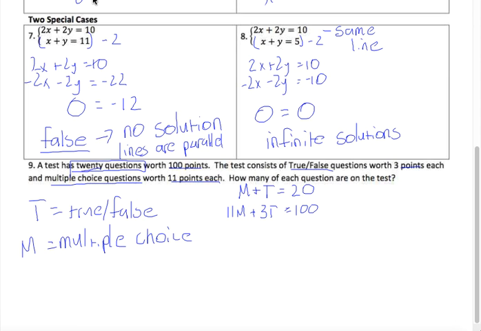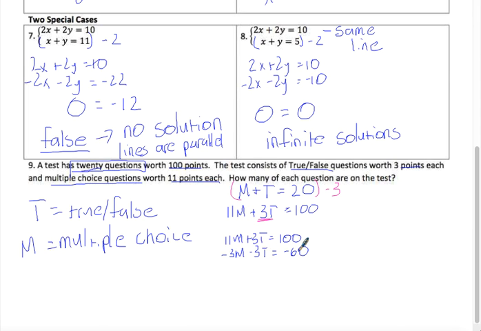So let's multiply the top equation by, let's make this 3t term cancel out. So we're going to multiply the top equation by negative 3. So now we have 11m plus 3t equals 100, and negative 3m minus 3t equals negative 60.